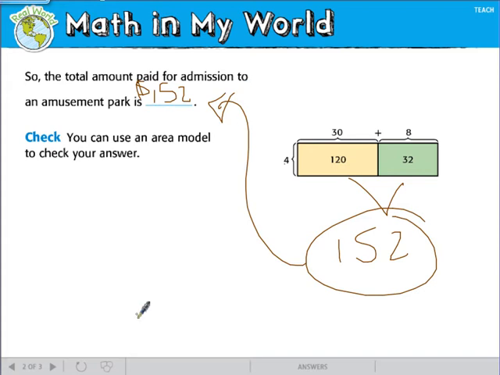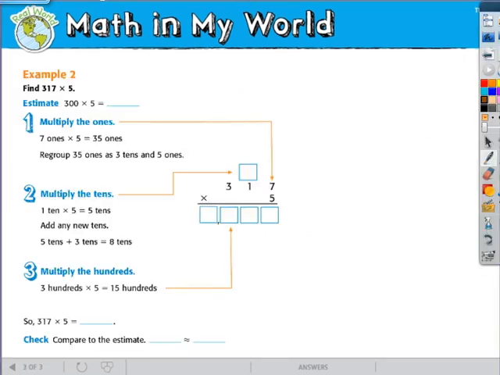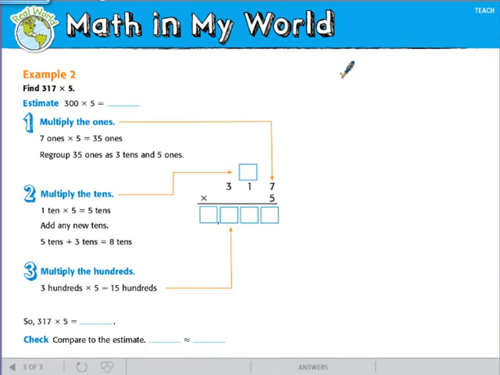Very good. All right. Now here we go. Now we're going to 3-digit times 1-digit. All right, 3-digit multiplied by 1-digit. So the first thing they want us to do is estimate this so we can check our answer against our estimate. I normally check afterwards, but hey, if they want us to do it first, let's do it first.